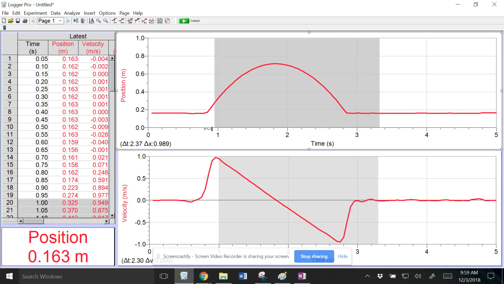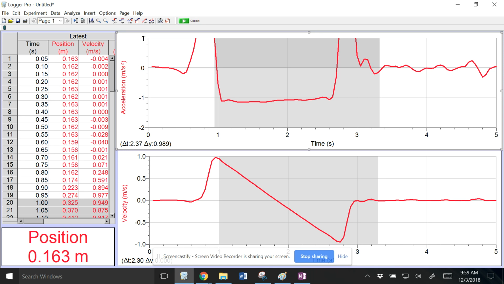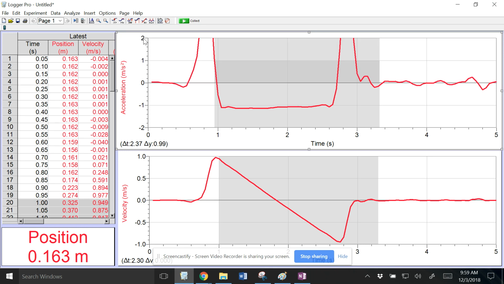We can just go look at it over here on the actual graph. Over here you've got the push, and over here you've got where it stops. But if you look at this, that's a pretty constant value through that whole thing.